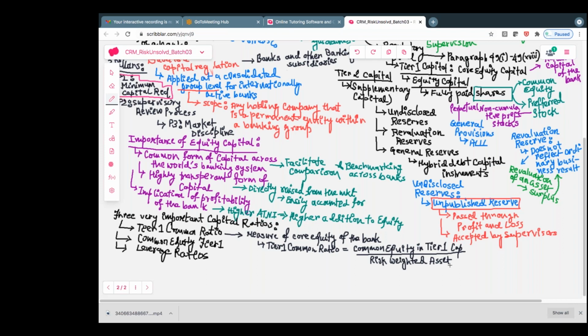So what does this measure talk about? This measure is nothing but the measure of the financial strength.